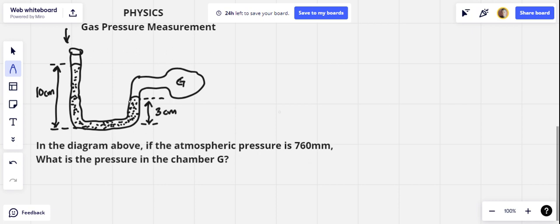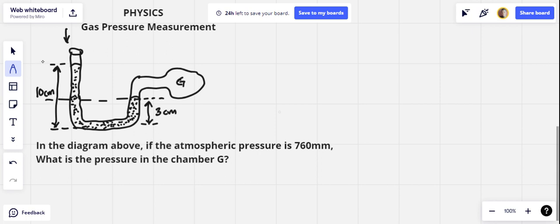If you sketch the leveling height of this liquid to this point, you find that the pressure of this gas is equivalent to the atmospheric pressure plus the height of this liquid, from this new point that I've drawn to this top.